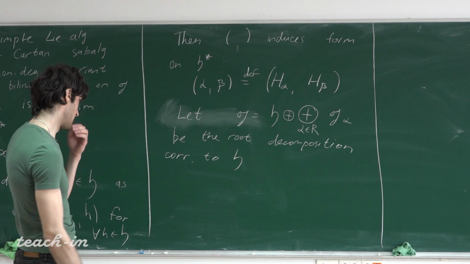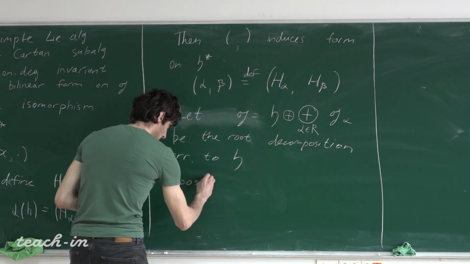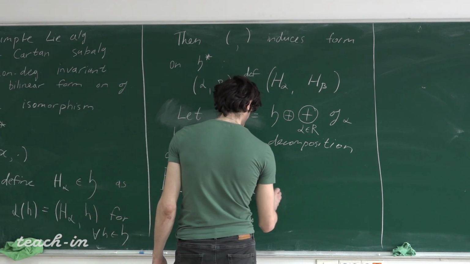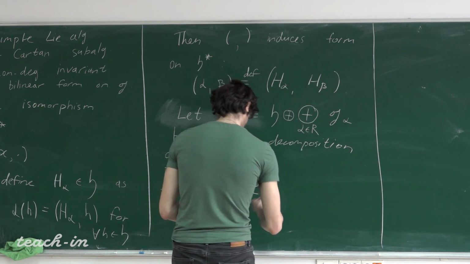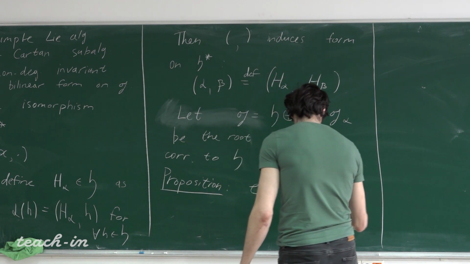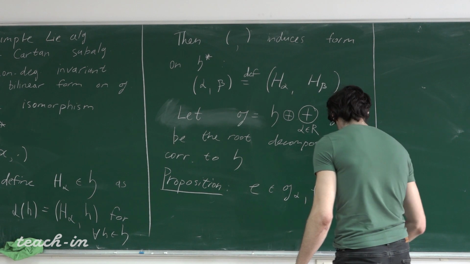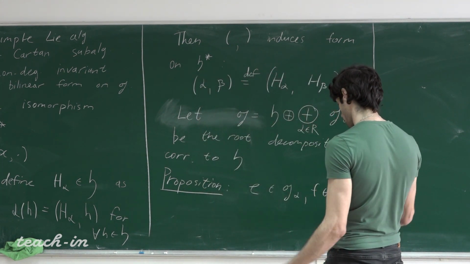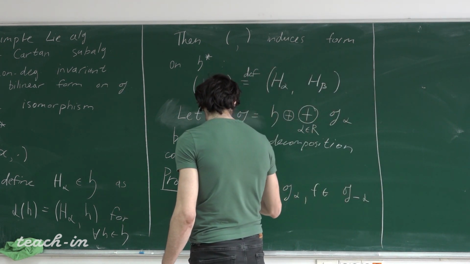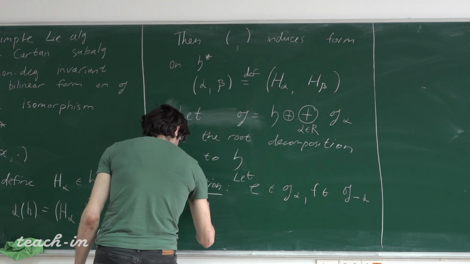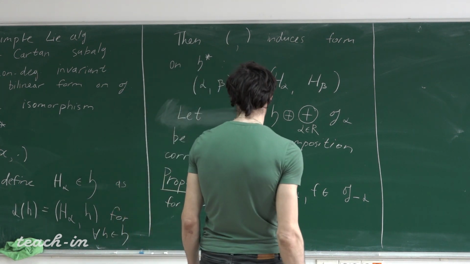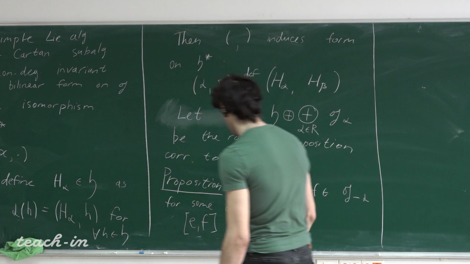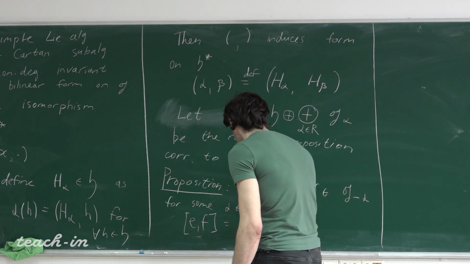All right. So okay, proposition. Let me take E from G alpha, and let me take F from G negative alpha, for some alpha in R. Then if I compute the commutator, this is something proportional to H alpha.